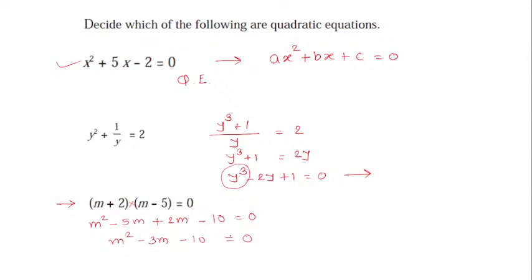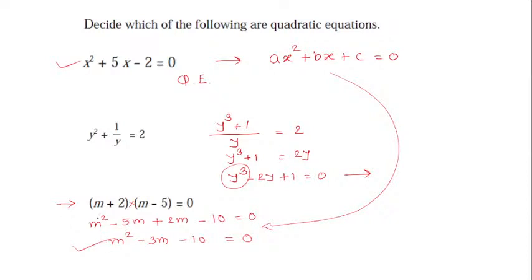Now this is in the standard form, ax square plus bx plus c is equal to 0, and now we can compare these two, and if we compare we get only one variable in this equation and the maximum index is 2. That's why this is a quadratic equation. So first of all, we may feel that it is not a quadratic equation, but by solving, when we get the given equation in the standard form or the general form, then we can realize that it is a quadratic equation.